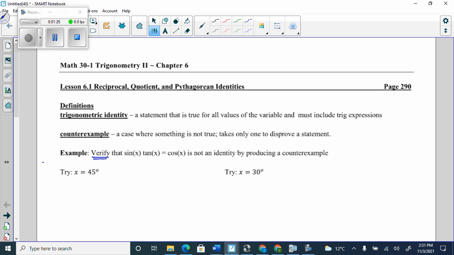You put 45 degrees in, you do some math, and the left side equals the right side. That's a verify. So you're verifying that it works for this equation, not a variation of it. You can't change it. Your first step for verifying is always to substitute in for x.